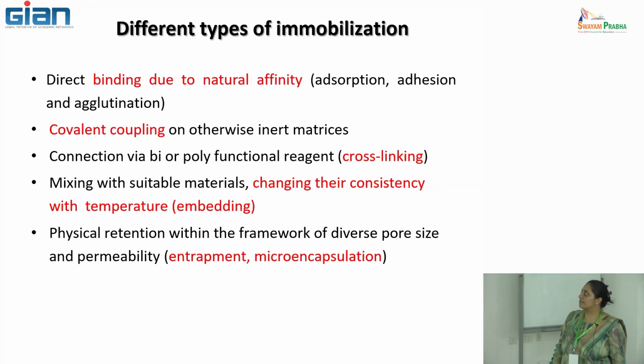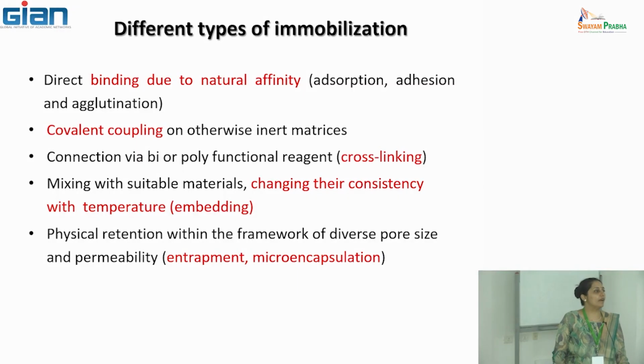There are different ways in which you can immobilize. I'm sure those who have done fermentation courses know how cell immobilization can be done. So this is again a topic for your self-study, where the information is available.